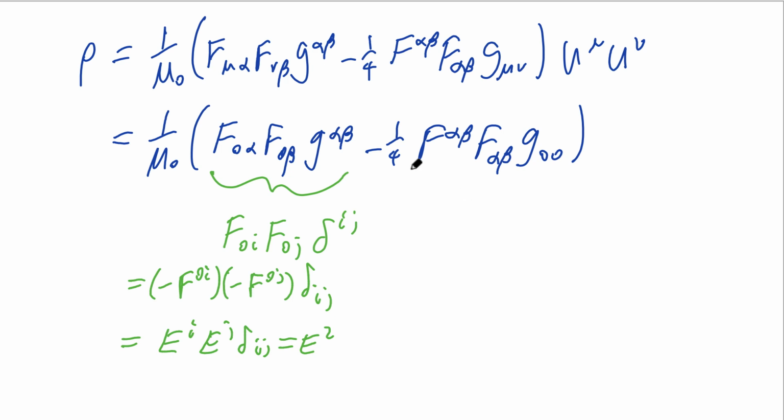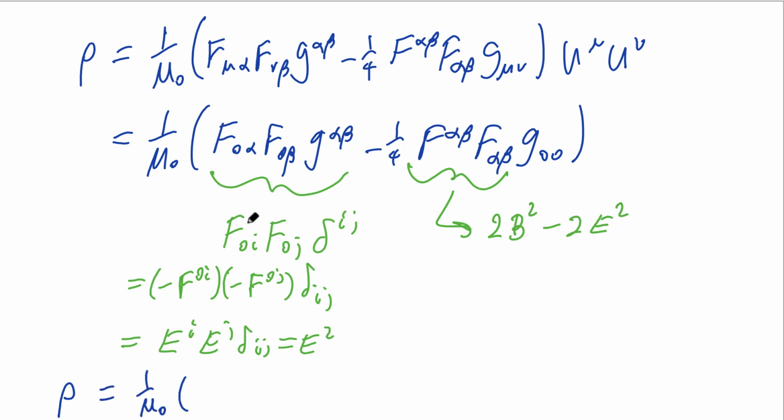A similar analysis of this factor gives 2 times the square of the magnetic field minus 2 times the square of the electric field. So if we put that together, we have rho equals 1 over mu naught times, from here we have E squared, and from here we have minus 1/4, and g^{00} is minus 1, so we'll make that a plus 1/4, times 2B squared minus 2E squared.